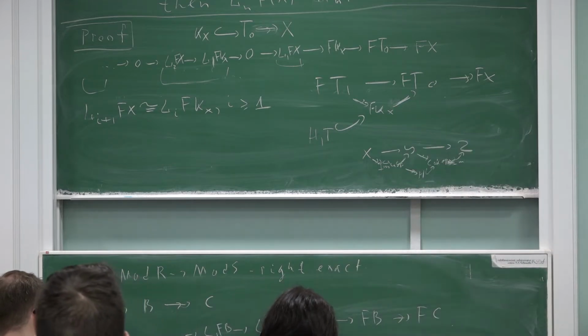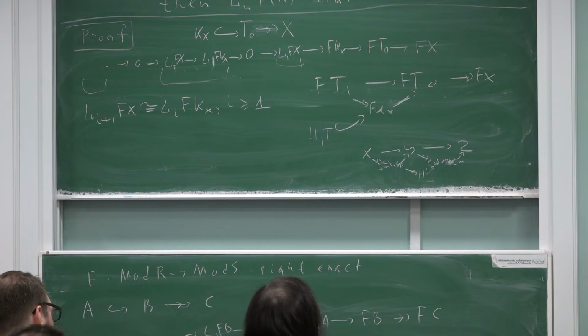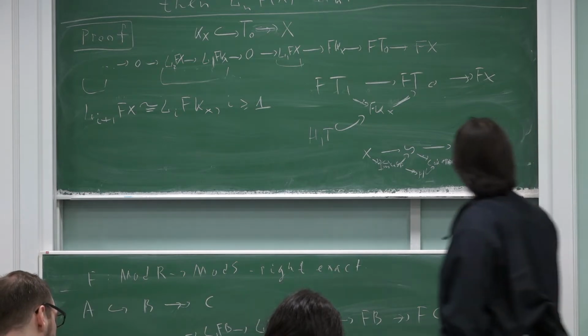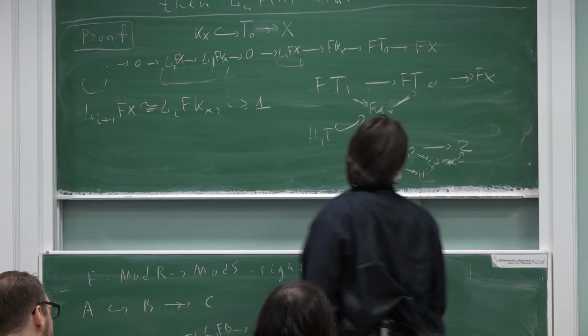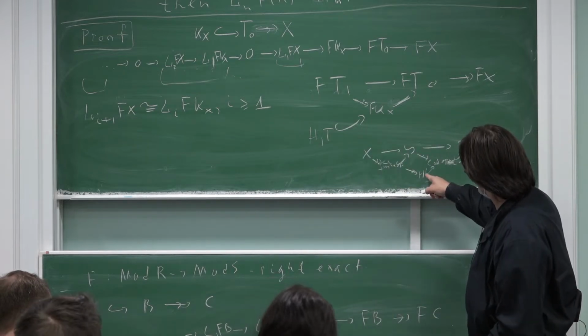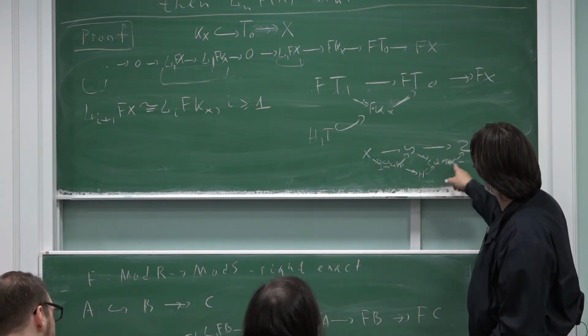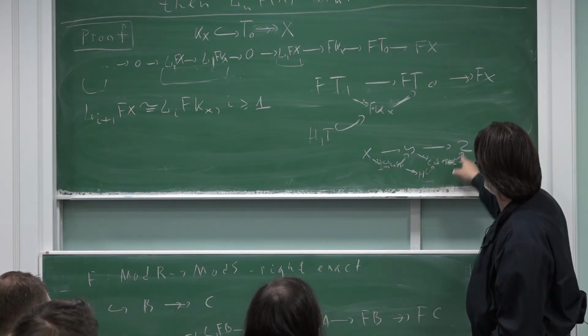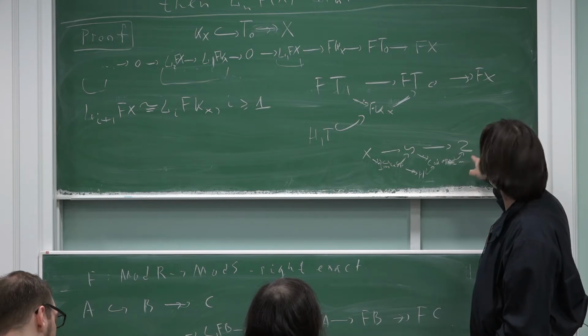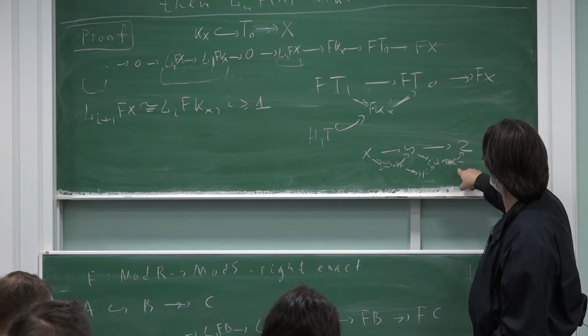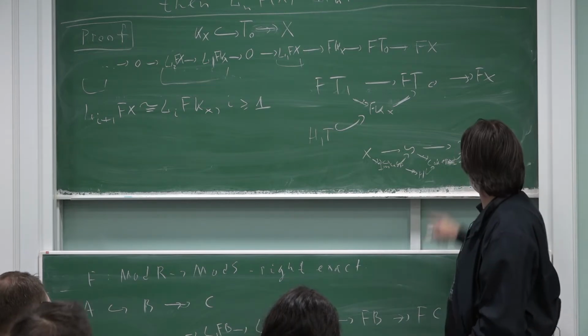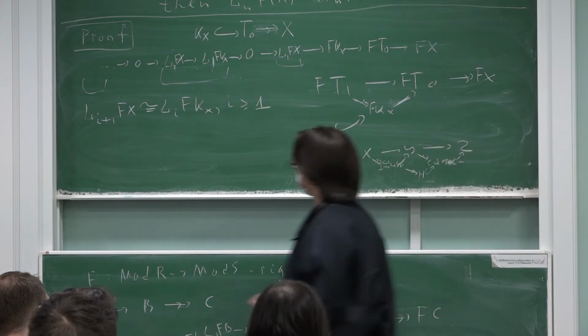And the kernel of this map is of course the same thing as the kernel of the composition, because the image lies in that. This one is a monomorphism.